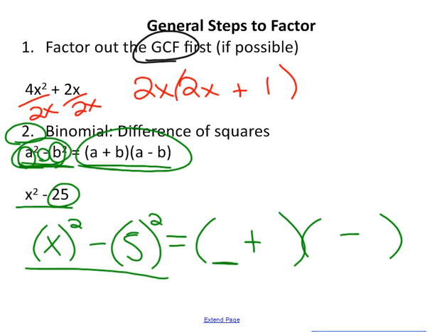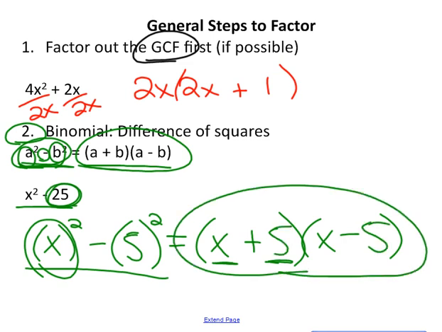What we put here is what we had to square to get the first term, so we squared an x to get x squared. And over here, we put what we had to square to get the 25, so we squared a 5. Answer: x plus 5, x minus 5.